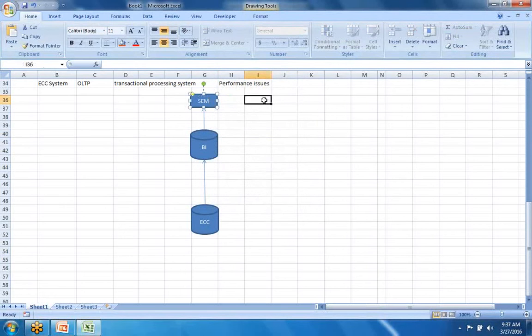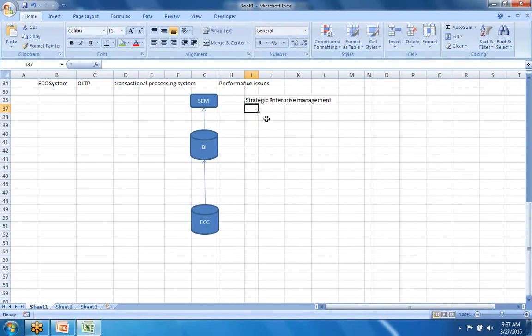SEM stood for Strategic Enterprise Management, and it had two applications which were very popular. One was BPS, which stood for Business Planning and Simulation, and the next one was BCS, which stood for Business Consolidations.